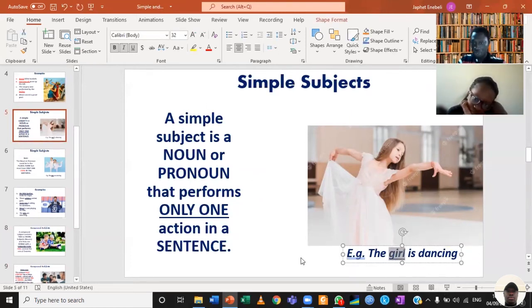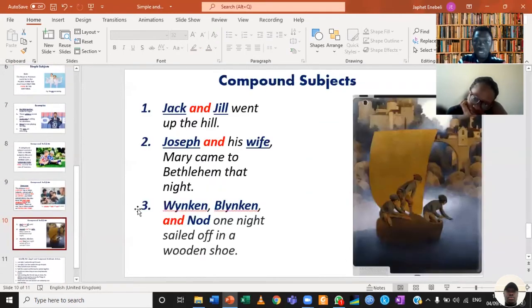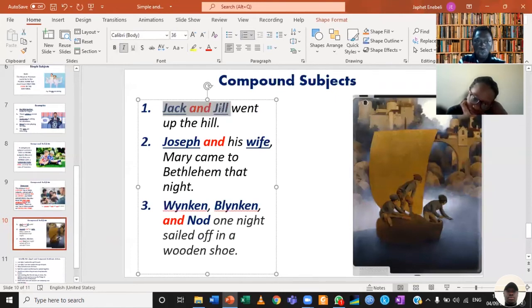But for compound subjects, what they want from you is two or more words performing an action, and you'll use a conjunction. Is there any problem with simple and compound subjects now? No. So it's clear, right?